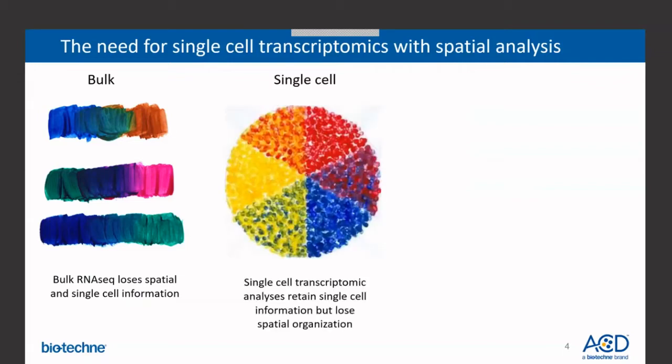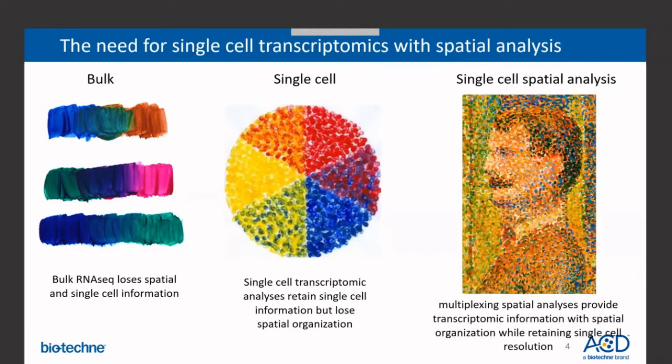With the advent of single-cell RNA sequencing technology, now we can get molecular information at the single-cell level. So returning to the analogy, now you can see how many drops of what color contribute to any particular picture. However, these techniques still don't provide you with information about how cells are organized in the tissue context. And this is where spatial analyses come into play.